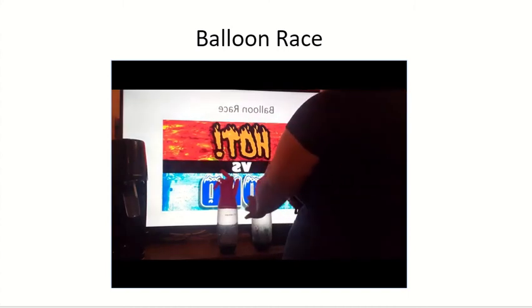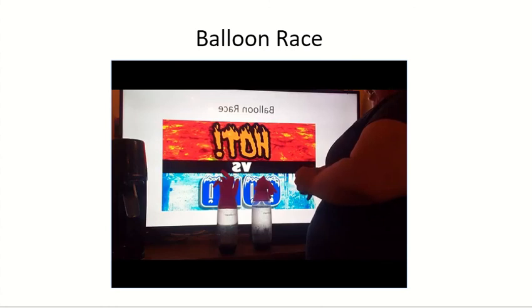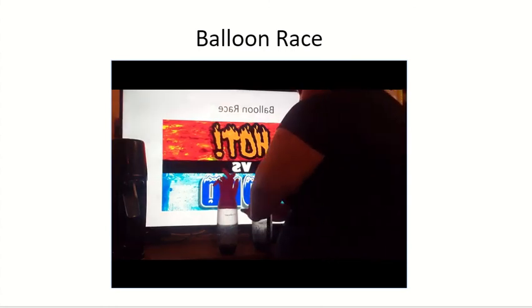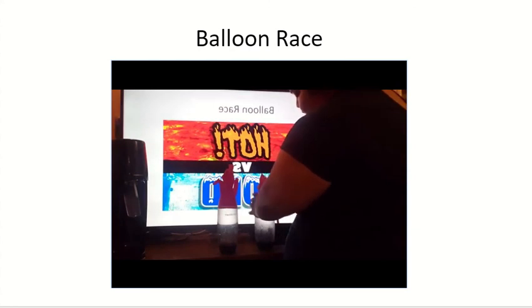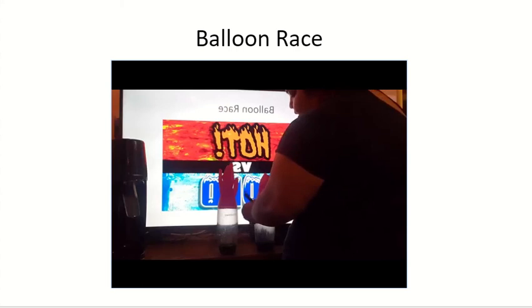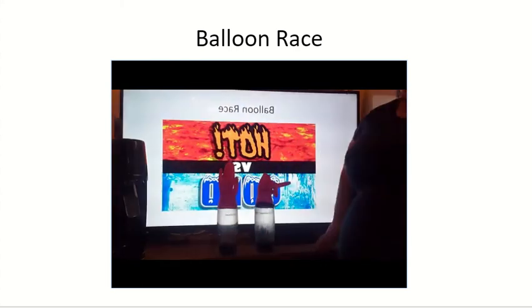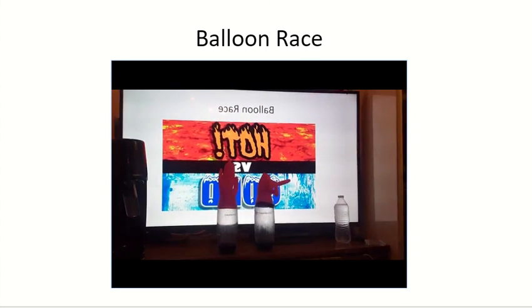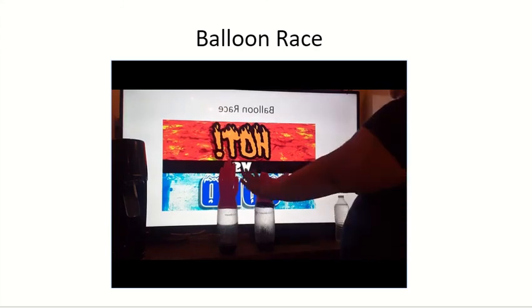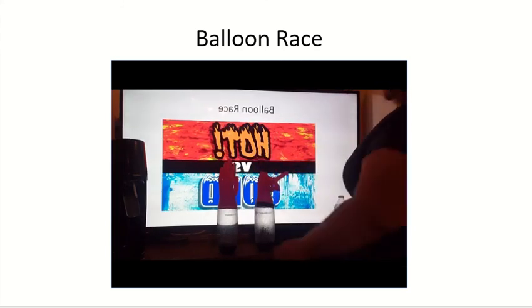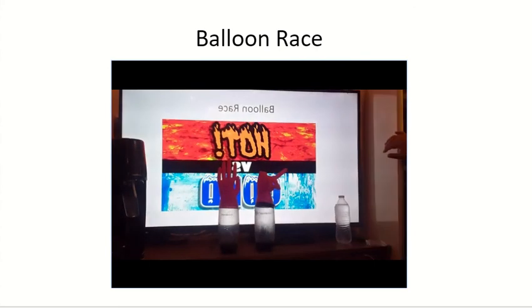So in order to make sure that these stay on, we're going to take some tape. Tape it to the side. So we can see that while the cold water is rising gradually, the hot water has already inflated. It's already swollen up all the way.